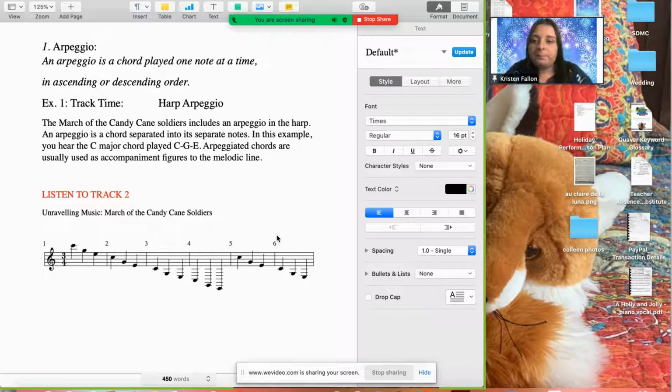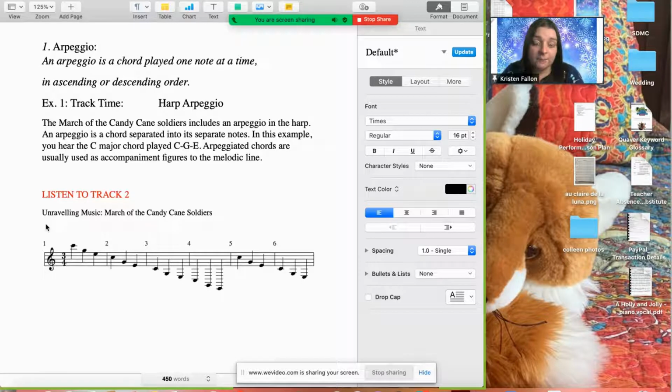So this picture that you can see on my screen here starts up high and then comes down low. That is descending order. If it started down low and then went up high this way, then it would be ascending order.